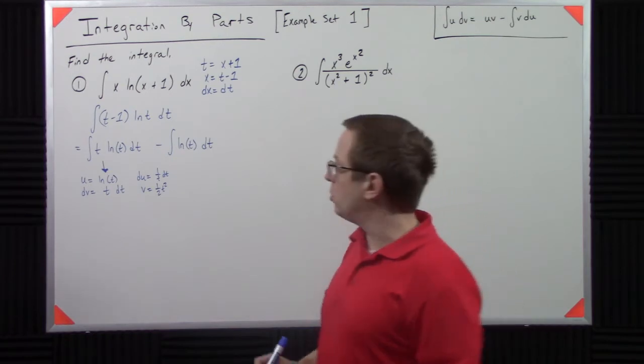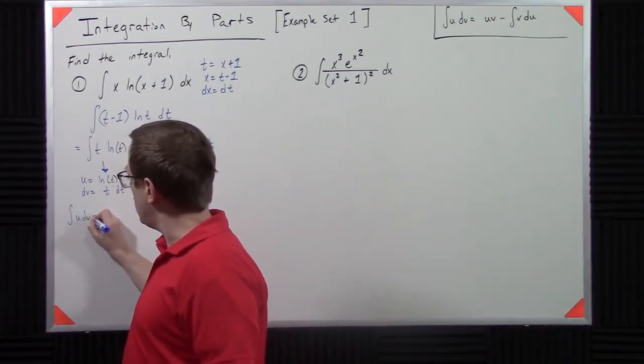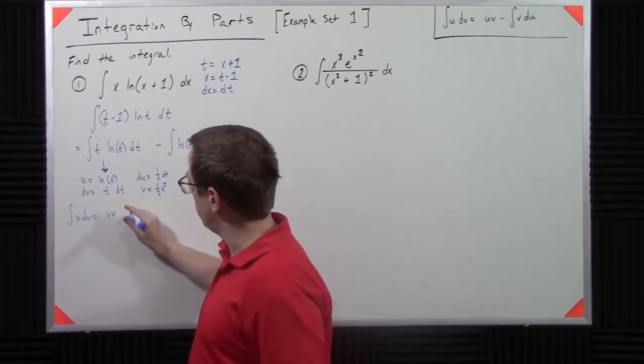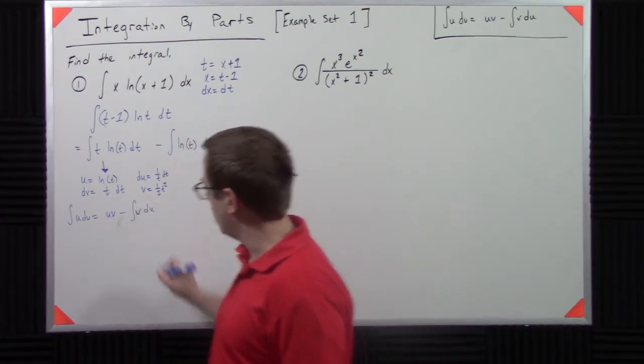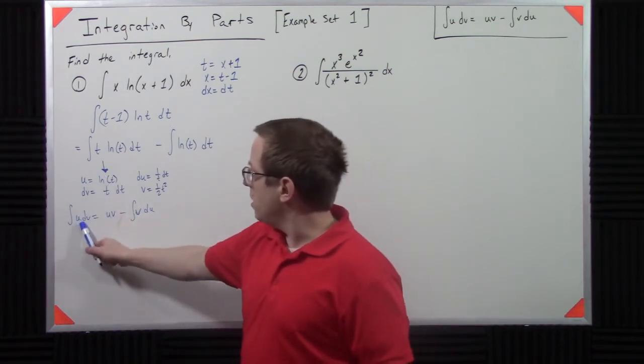So then we can use our formula. We say the integral of u dv is equal to uv minus the integral of v du. So we can fill this out.